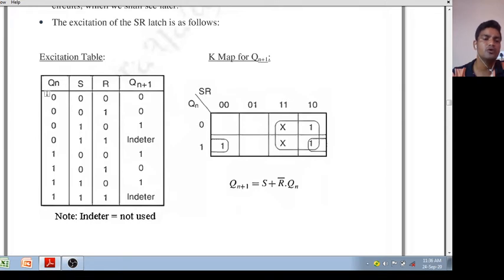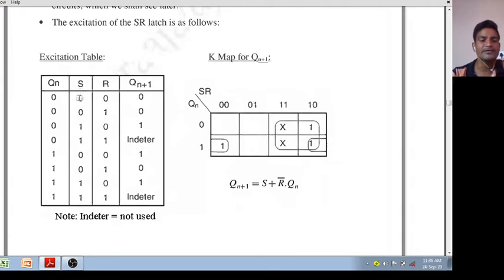So do not confuse Qn plus 1 and Q0 and Q. Here I am using Qn plus 1 for next state and Qn for present state. Now there are three inputs, S, R and Qn, and one output. So total possible combinations are 8, 0 0 0 to 1 1 1.